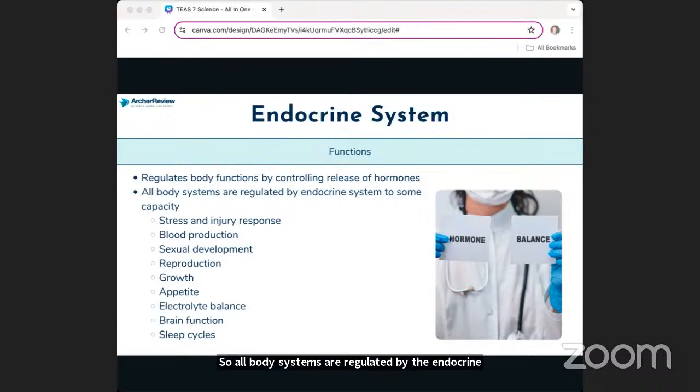And look at all of the different ways in which the endocrine system is affiliated. It's a part of the stress and injury response, producing blood, sexual development, reproduction, growth, appetite, electrolyte balance, brain function, and even your sleep. The endocrine system is a huge part of what controls other body systems in your body.